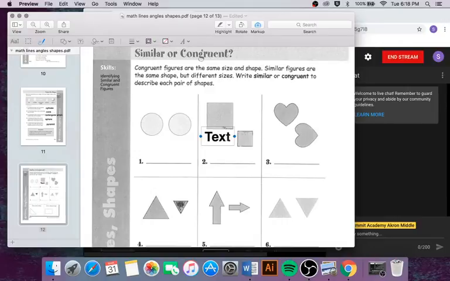So from up here, we know that if they're the same size and the same shape, that makes them congruent. If we go to number 2, we see that they're both squares, which makes them the same shape, but they are not the same size.